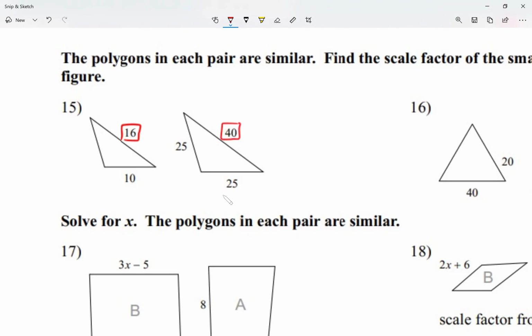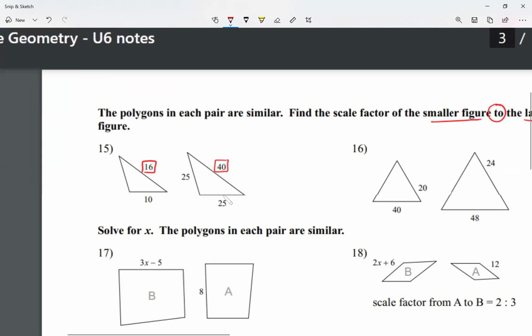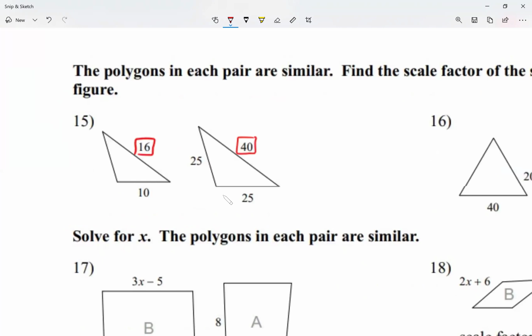Now, smaller figure to the larger figure. The way I read this, I read the smaller figure first, right? The instruction says smaller figure to the larger figure. So in my case, I'm going to go with the smaller number first. A couple of ways I can write this.